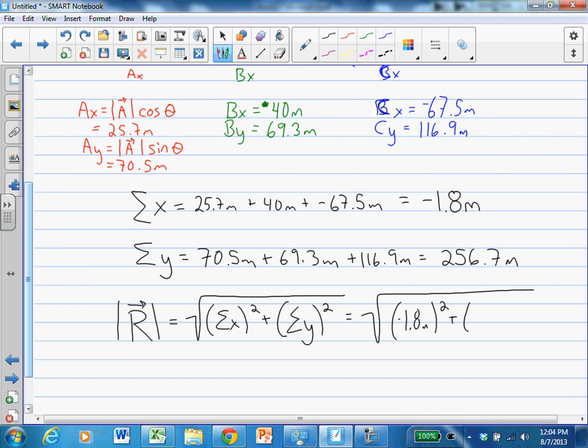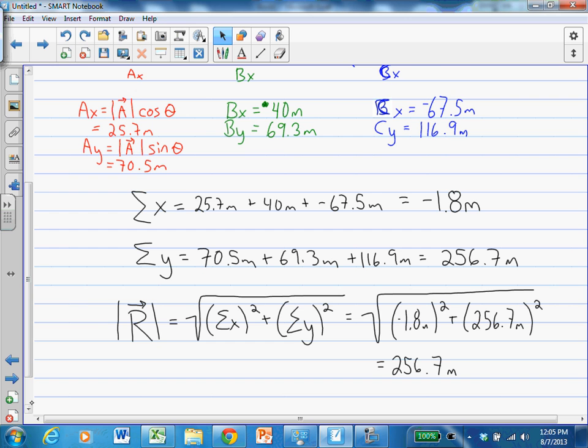In doing that, I get the value of 256.7 still. So the 1.8 didn't do much to it at all. It's because it's just such a slight number in comparison to the 256.